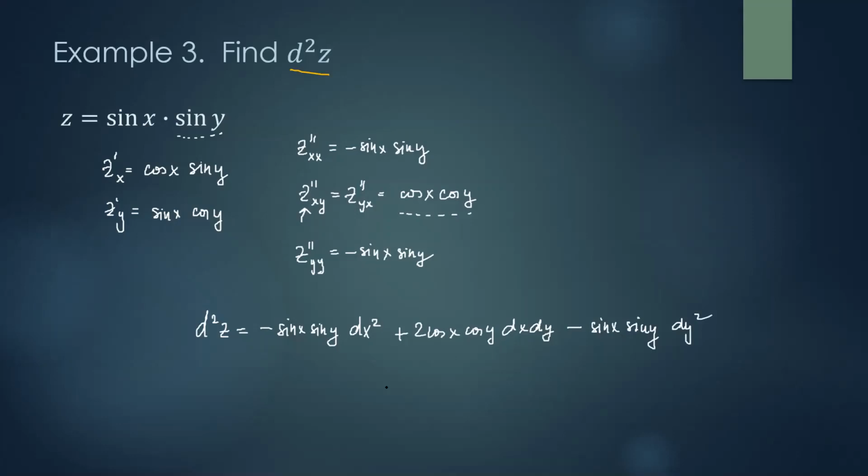So you see here, this is the corresponding second order partial derivative. So you have to find them. You have to do this part on top, and then you simply write down the second order differential.